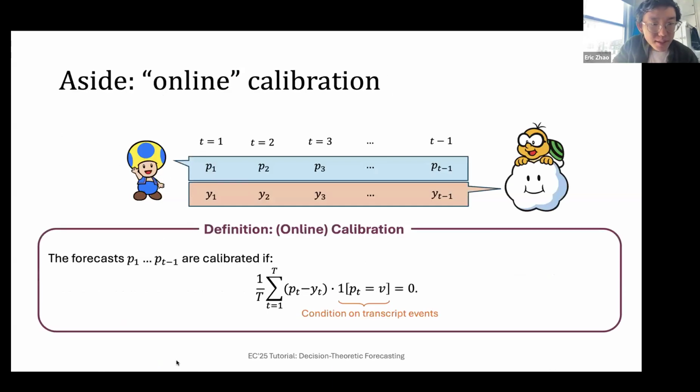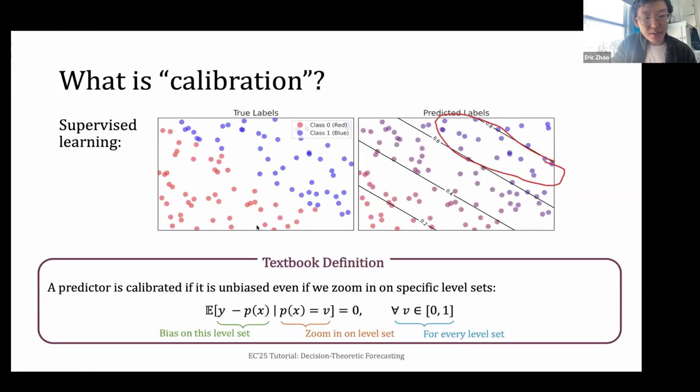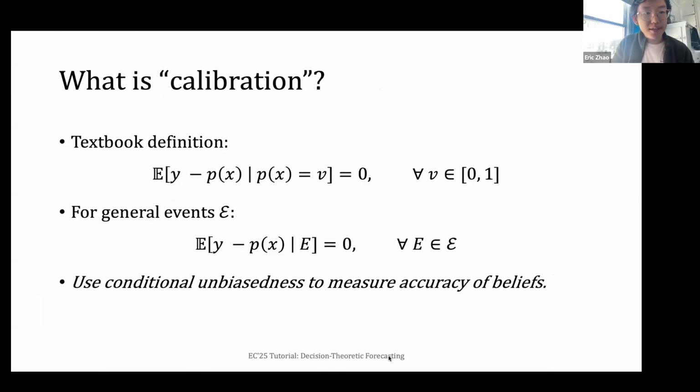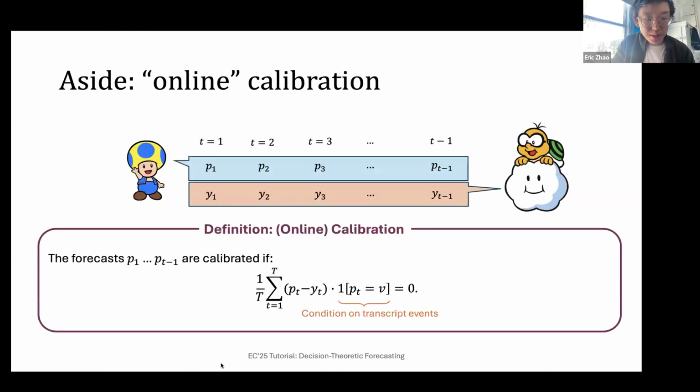Yeah, this is a bit of a subtle point that I brushed over, but when we're in a batch setting, the way we define calibration is that it's a function of your predictor. Whereas when we're talking about calibration in the online setting, it's a function of your predictions.